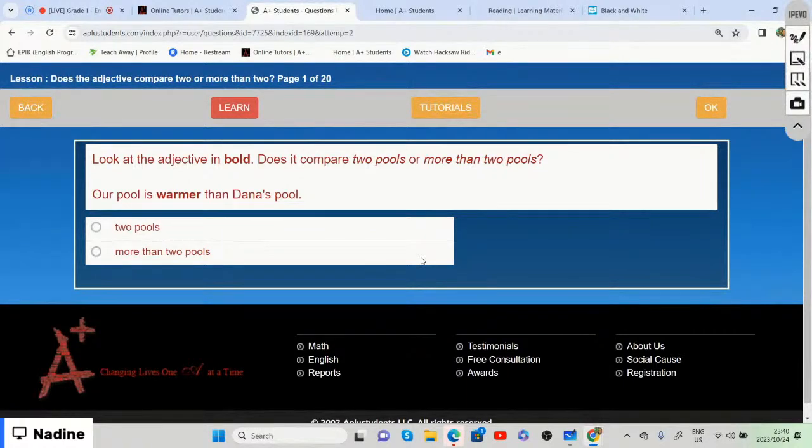Our pool is warmer than Dana's pool. So are we comparing two pools or more than two pools?